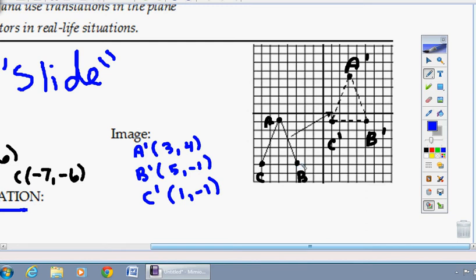If I go right 8 and up 5, that will get me to B prime. If I start at C and I go right 8 and up 5, that'll get me to C prime.